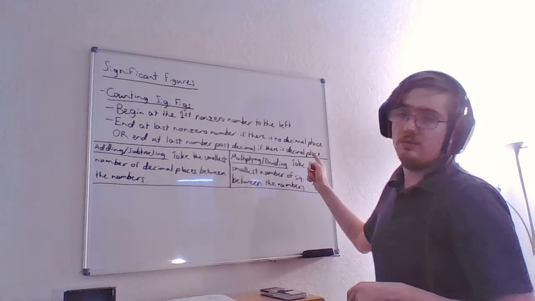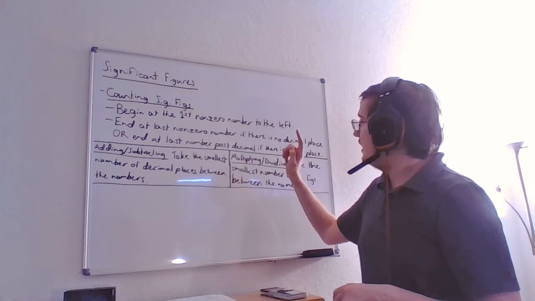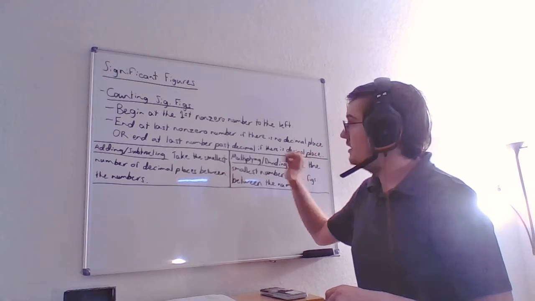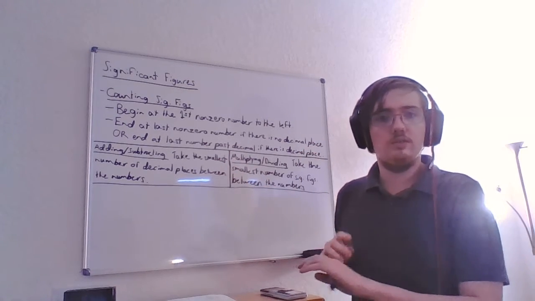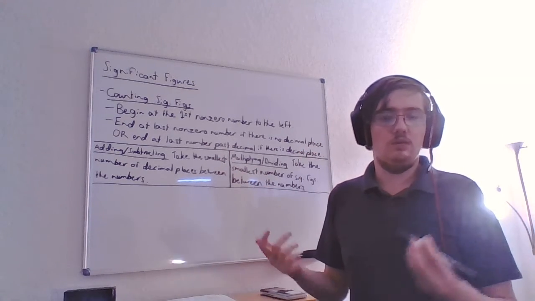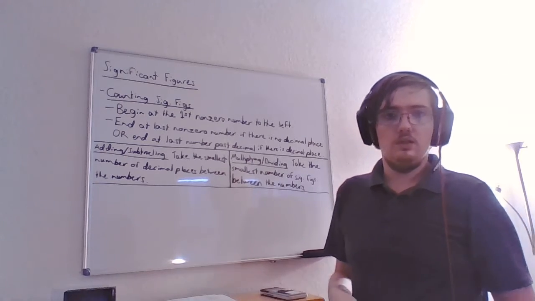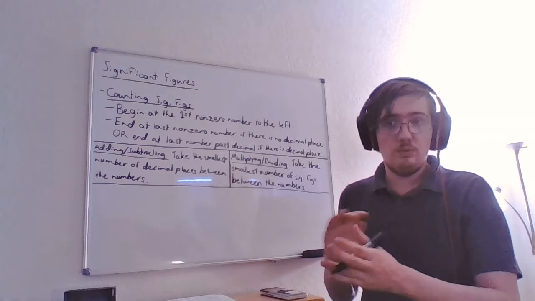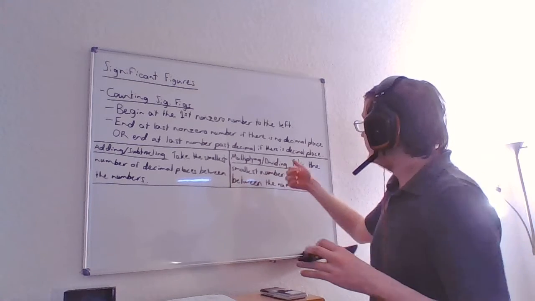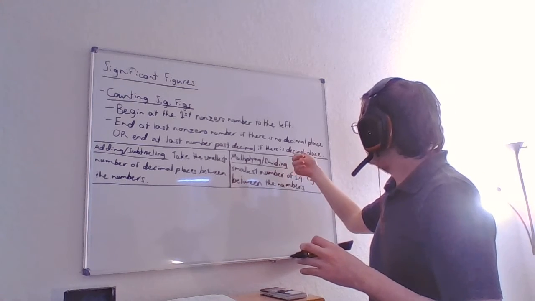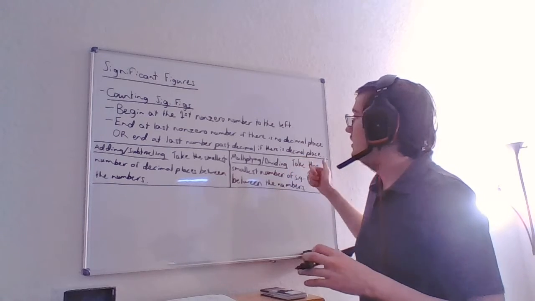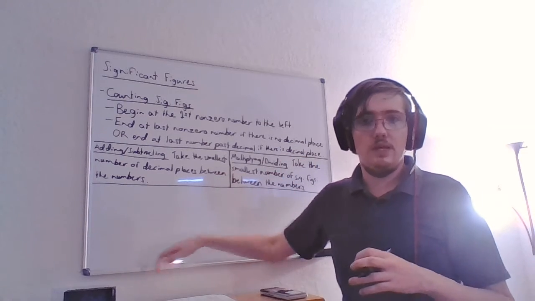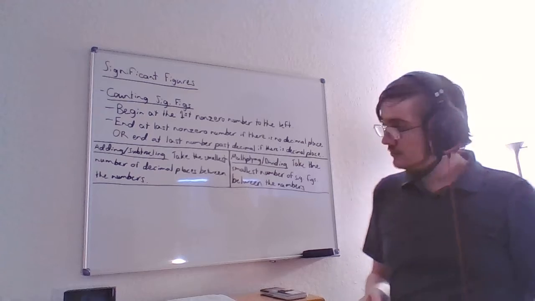If there is a decimal place, you're going to stop at the last number regardless of whether or not it's a 0. So if there is no decimal place, it has to be 1 through 9. If there is a decimal place, then it can be any number including 0.